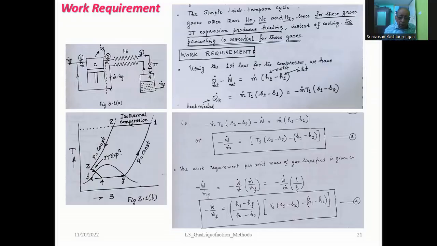So obviously you see that the work requirement will be fairly large because H1 minus HF is much larger than H1 minus H2. So you are essentially dividing by the yield, which is a very small percentage, and thereby you are able to see a larger work requirement per unit mass of the fluid liquefied.